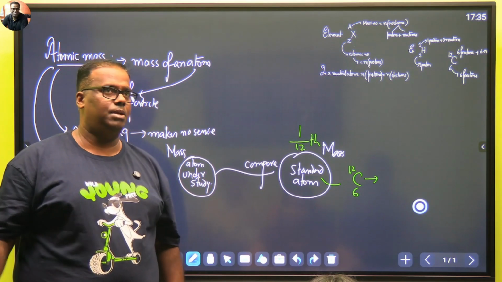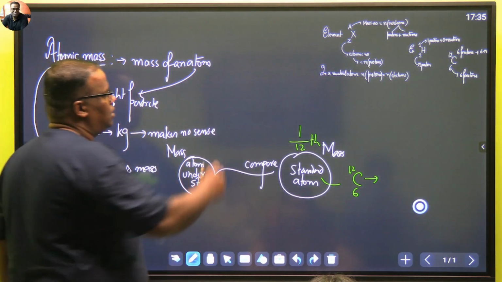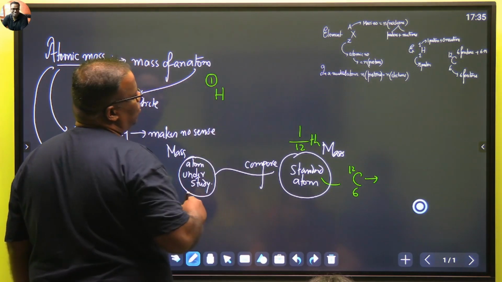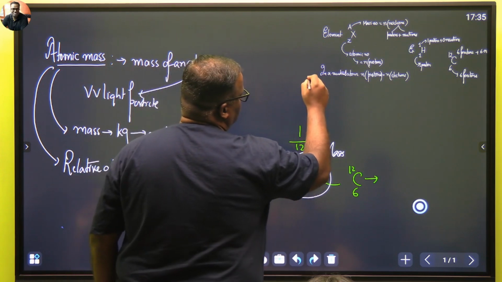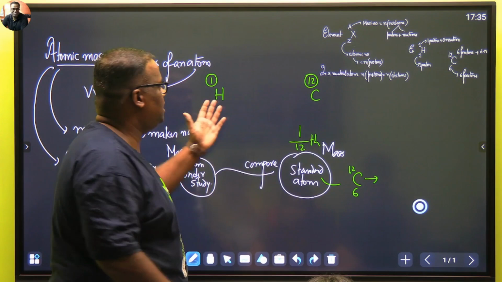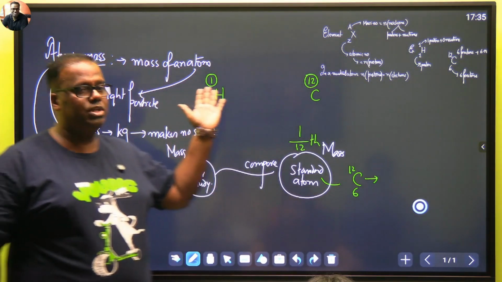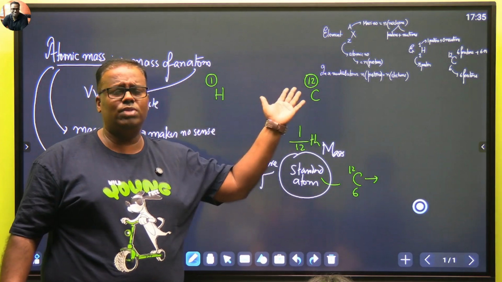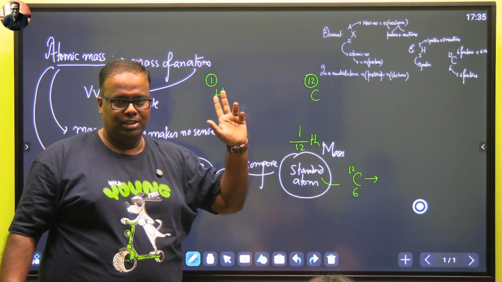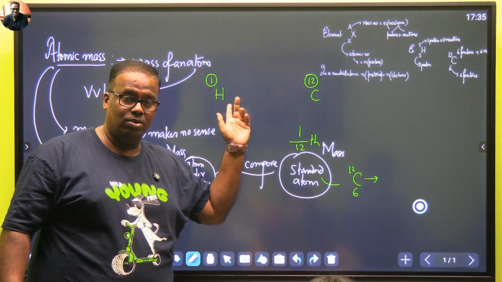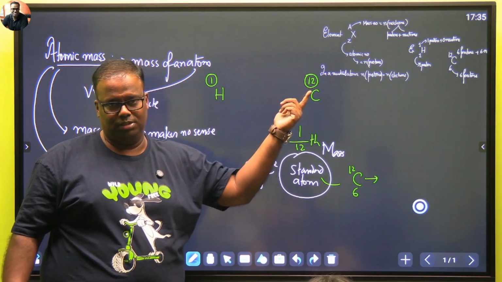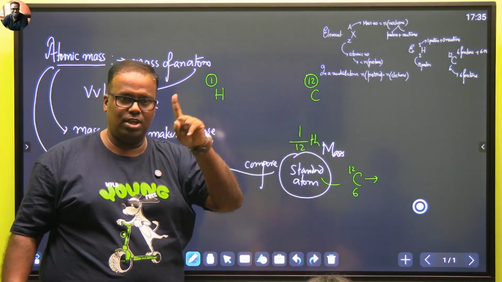So if I look at the periodic table, I find that hydrogen is assigned a value of 1 and carbon is assigned a value of 12, right? So I say it looks like hydrogen is 12 times lighter, or carbon is 12 times heavier. No, not that. Hydrogen is one times as heavy as 1/12 of carbon.